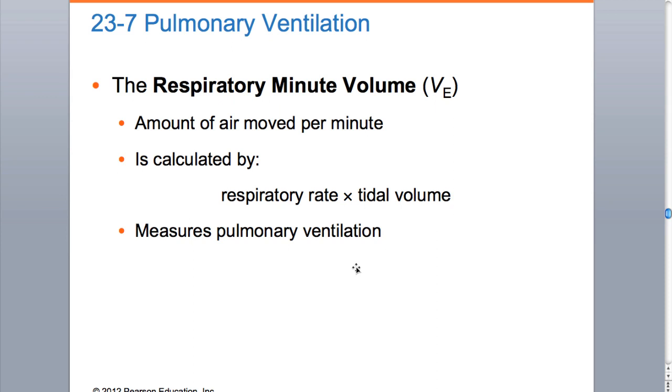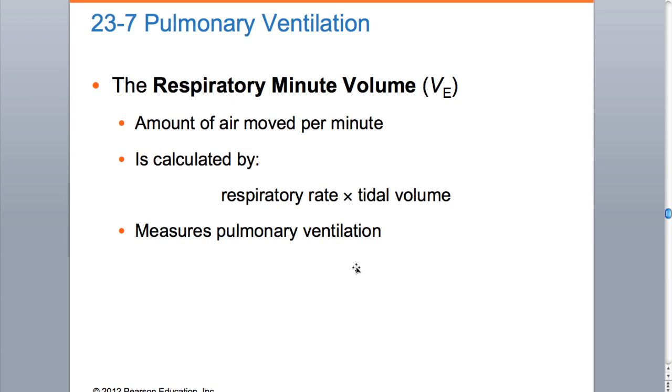Now, why are those two stories related? Because our job as cardiovascular is to get the fluids to the lungs. So we're taking one story and bringing it to the lungs. The next story is to take it from the lungs and out of the body and back into the body, back into the lungs again. So your cardiac output must be somehow related to the pulmonary ventilation. If you get more blood coming to the lungs, then you should also have a lot of oxygenation from the lungs back into the blood.